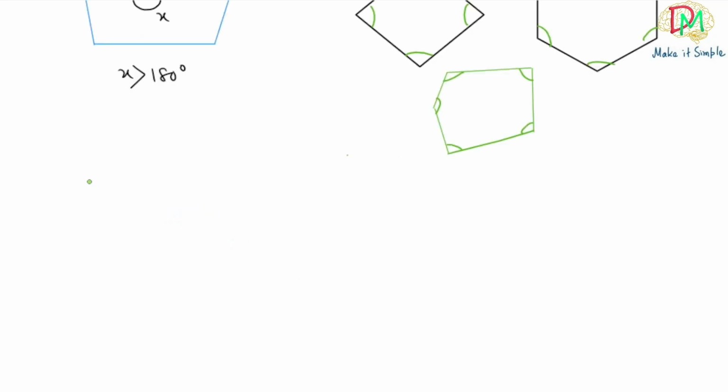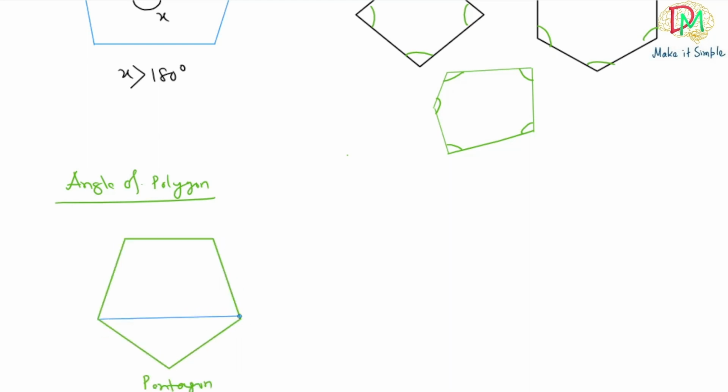Now we learn different formulas of angles of polygon. Let's consider one polygon. If we connect the diagonals of the pentagon, into how many triangles do we get? 1, 2, 3.